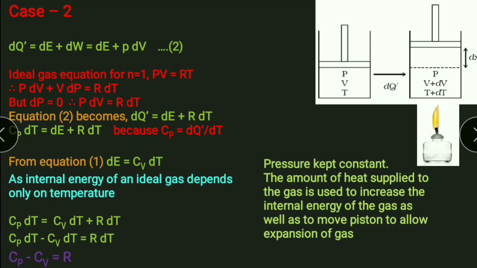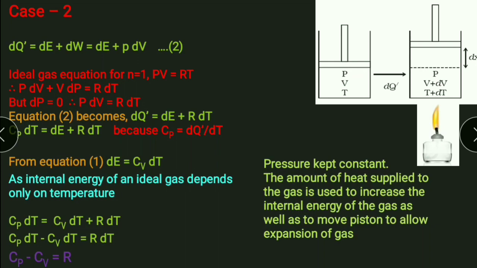Now differentiate this equation. So use the u into v rule. So p into derivative of v plus v into derivative of p, which is equal to R into dt. Here R is constant, therefore it remains as it is, and differentiate temperature. So pdV plus Vdp is equal to R dt.